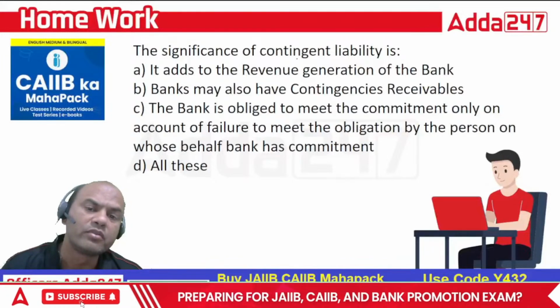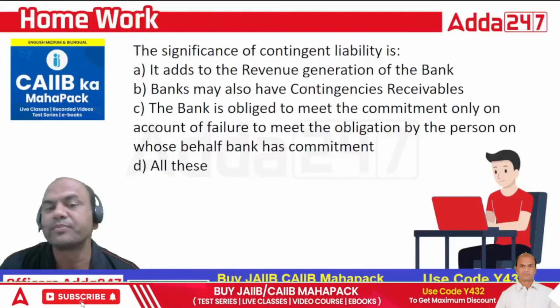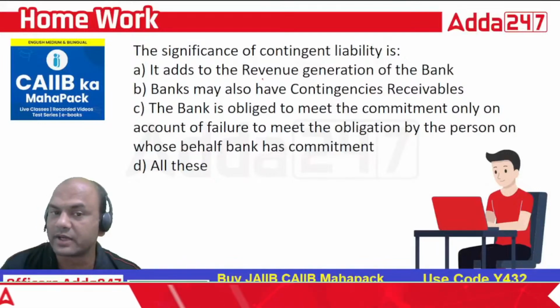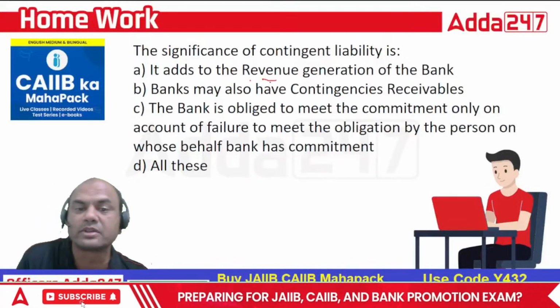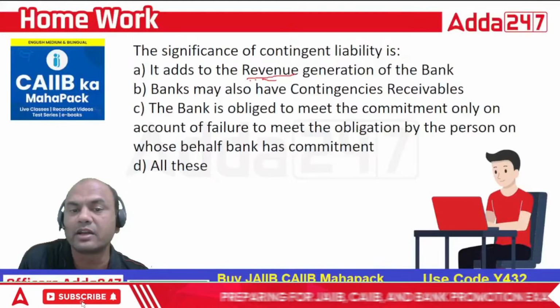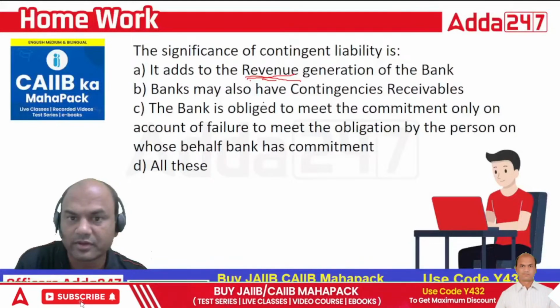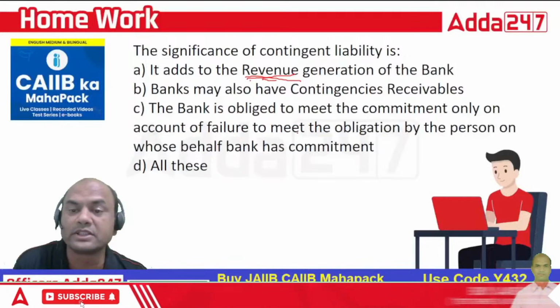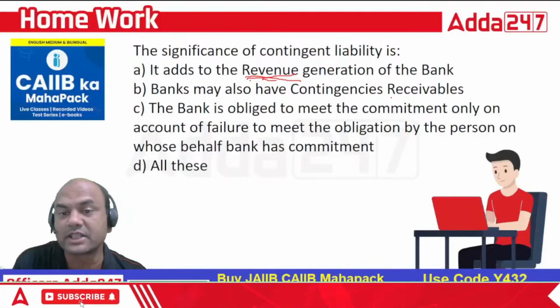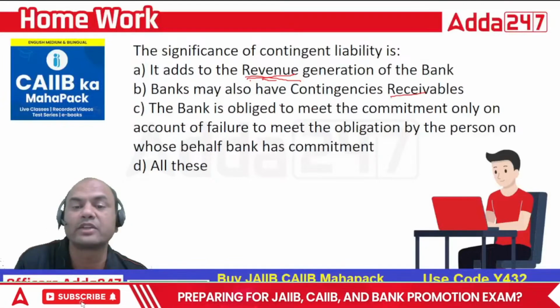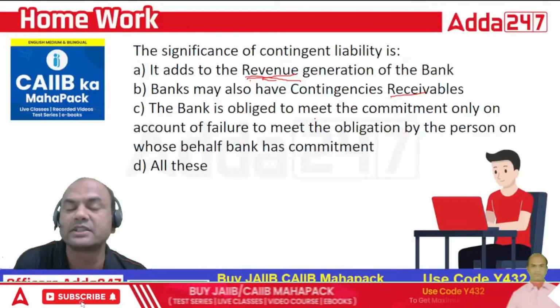So what was the answer over here? Contingent liability, importance of that. Revenue generation, yes, definitely. If I issue some LC or guarantee to somebody, definitely I'll earn fee income in that. Banks can have contingent receivables also. And the bank is obliged to meet only when that person doesn't perform.